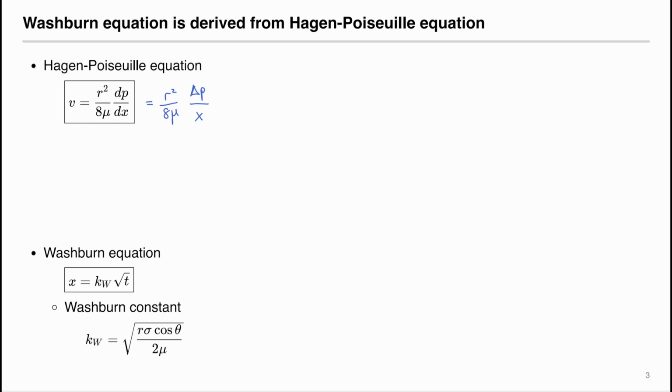And such pressure difference is actually the capillary pressure difference. If we substitute the capillary pressure difference in, which is 2 sigma cosine theta divided by R, and then we also have x here, we can simplify by grouping everything. The R at the top cancels out with the R at the bottom, and the 2 at the top cancels out with the 8, so it leaves us with 4 mu x at the bottom, and at the top we have R sigma cosine theta.